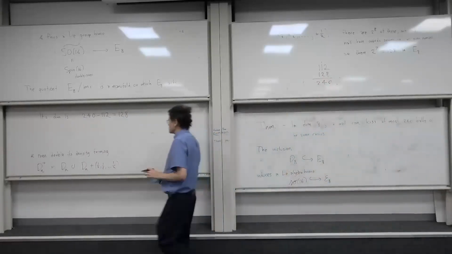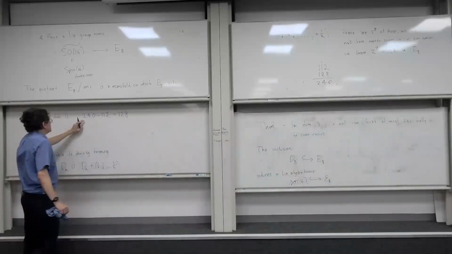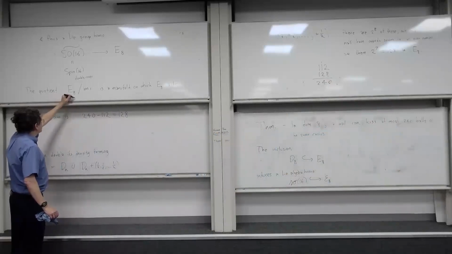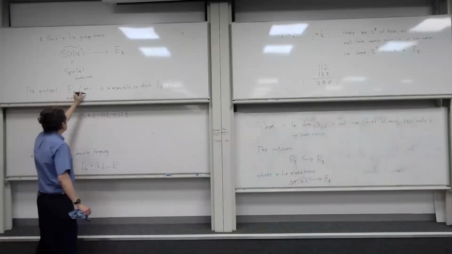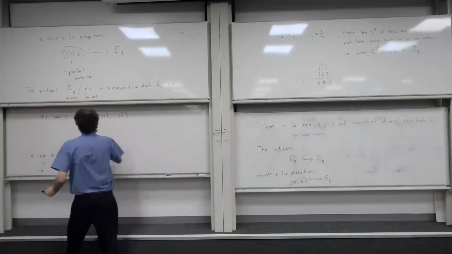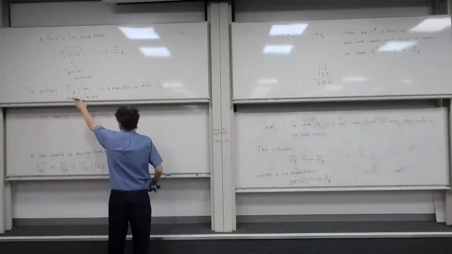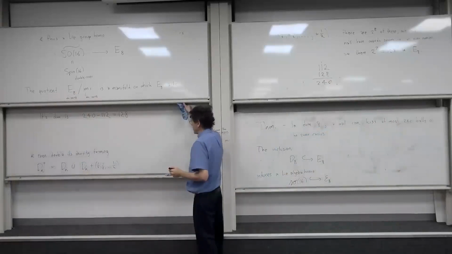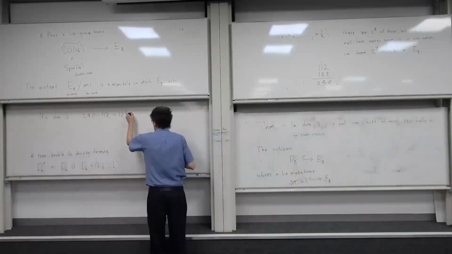But a little extra work is required to work this out. This guy here actually has dimension 240 plus 8. And this guy here actually has dimension 112 plus 8. But when you do this quotient space, you subtract those two numbers, and that's the same as this, so it's 128.